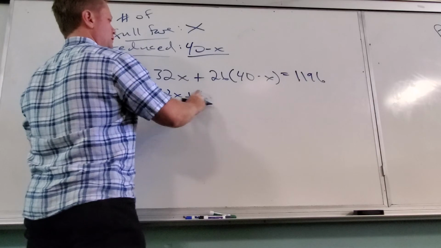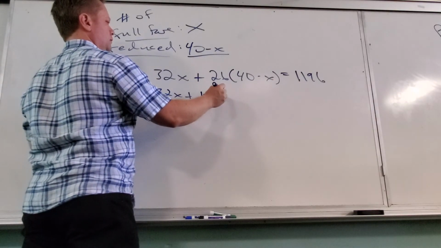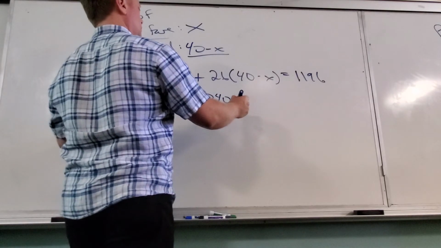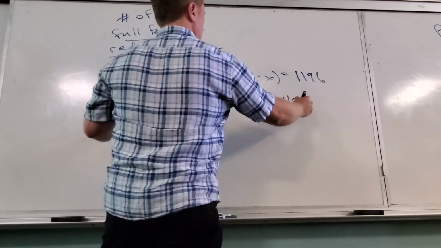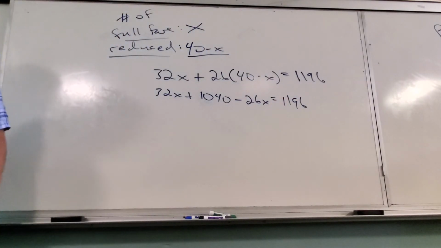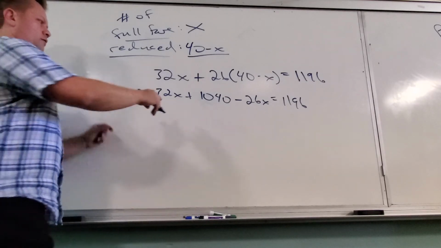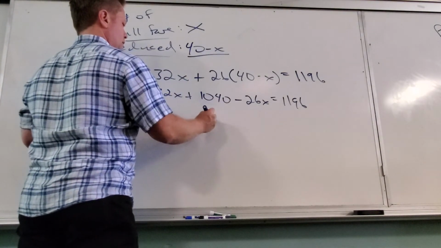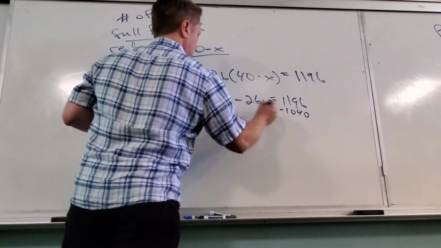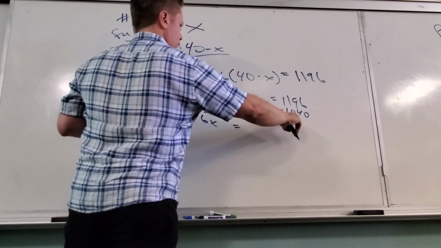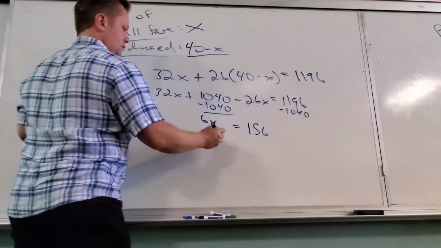What is 26 times 40? 1,040? Yeah, sounds right. Minus 20, you should have said, you're the math boy. Now this is kind of nice. 32 minus 26. Subtract. Now I'm thinking about taxes, 1040. Equals 156.